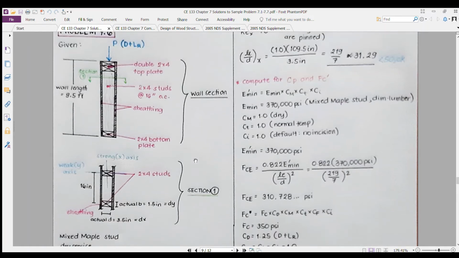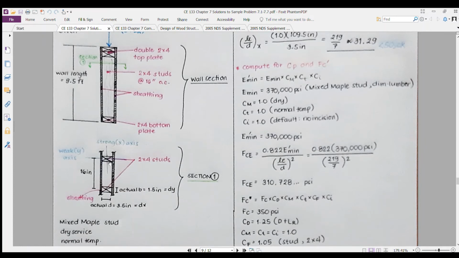Looking here at the top view, we have the strong axis as well as the weak axis, and the wall sheeting where the studs are spaced at 16 inches. Since the 2-inch by 4-inch is the nominal section, we will be using the actual section in determining the capacity of the section.